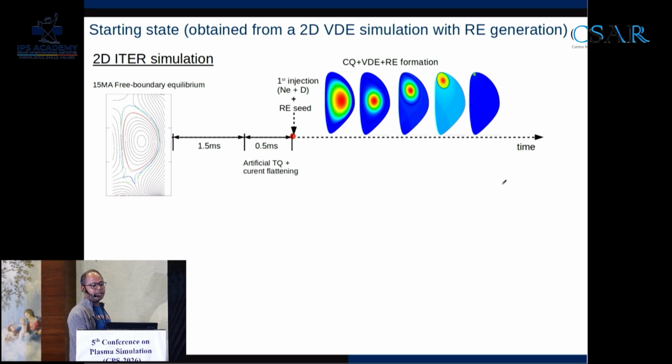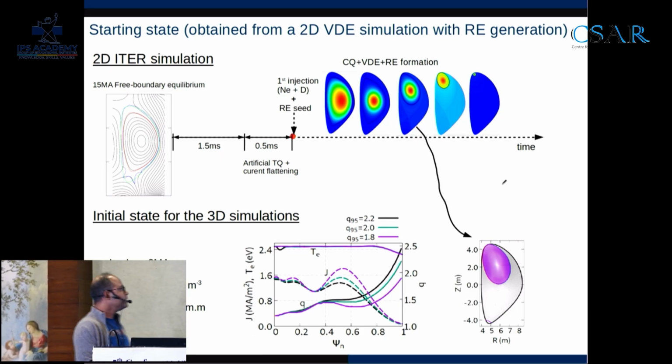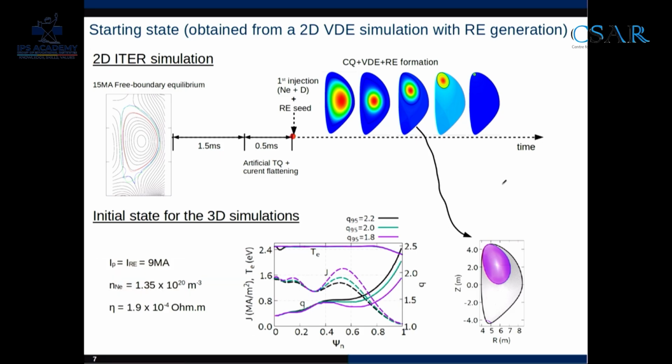We switch to 3D at the point when Q95 is close to 2. Like I said, ITER will have a natural tendency to reduce Q95, and in such a case, after a certain movement of the plasma vertically, you see that Q95 drops, and at this stage we shift to a 3D simulation.